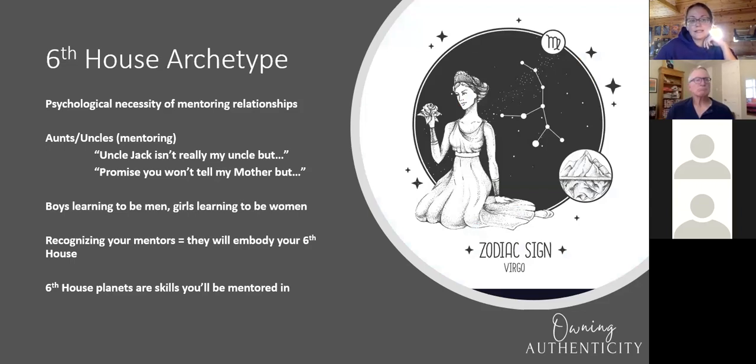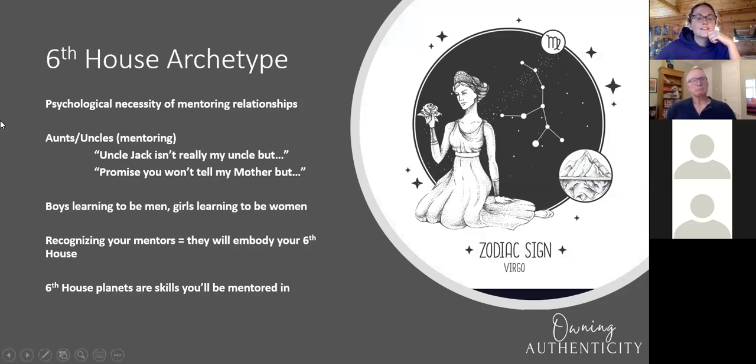If you don't have a 6th house planet, then look to the sign that is on the 6th house cusp for more information about the skills that you're here to learn and the types of mentors that can help you learn them.